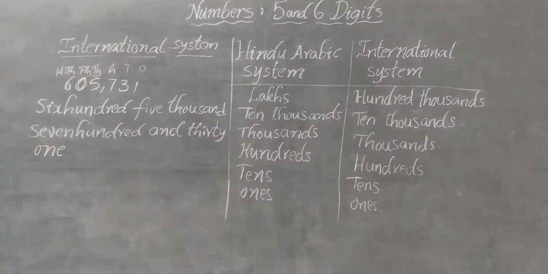This is the number naming in the international system. 605,731. This is the number. Children, you also prepare one or two times. You also write some more digits and try to write. Okay? Thank you.